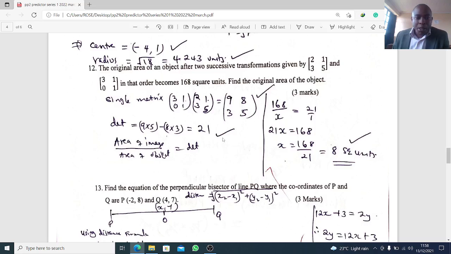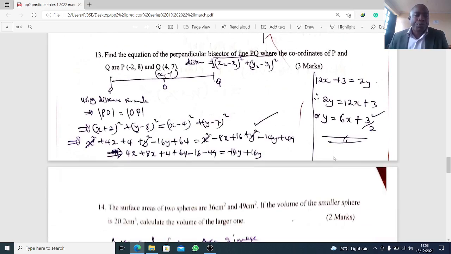The determinant equals the area scale factor, meaning that if we let the area of the object be x, 168 over x equals 21 over 1. We cross multiply: 21x equals 168. x is 168 divided by 21, which gives you 8 square units. That is the area of the original object.